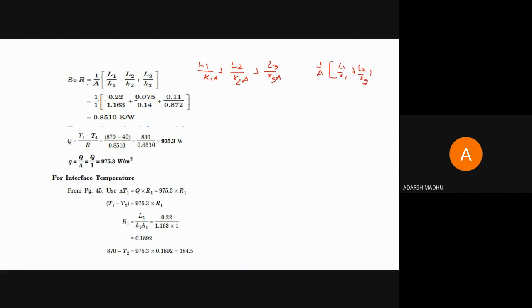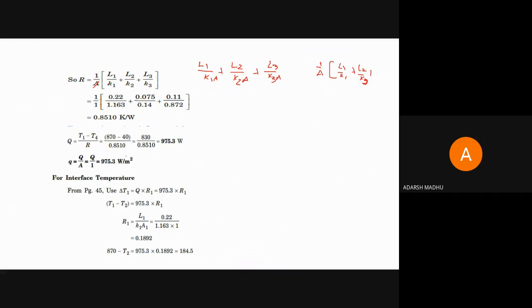A is unity, so we can cancel it. L1 is given as 0.22, K1 is 1.163, L2 is 0.075, K2 is 0.14, L3 is 0.11, and K3 is 0.872.